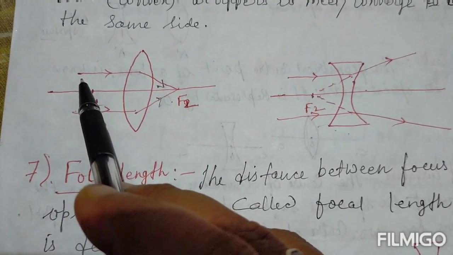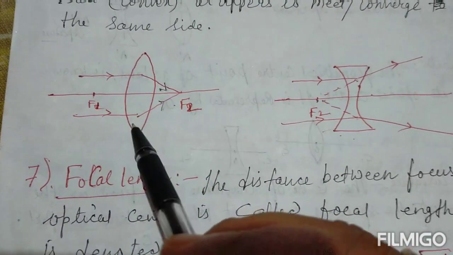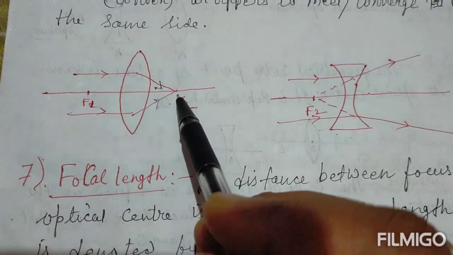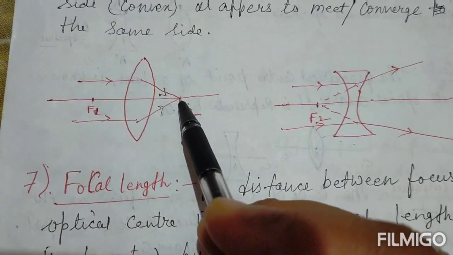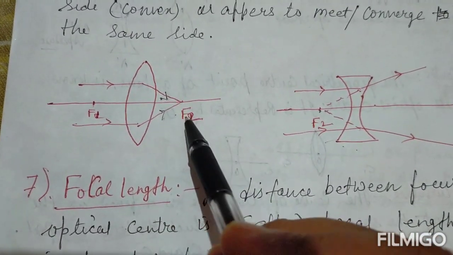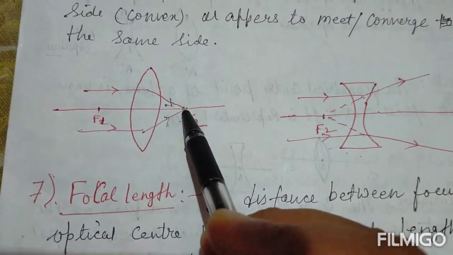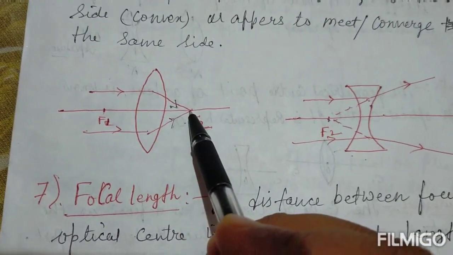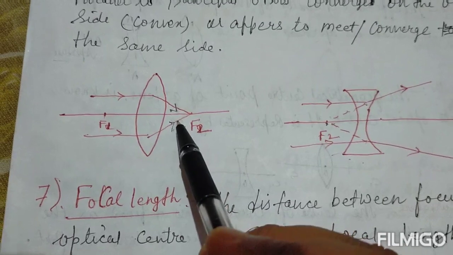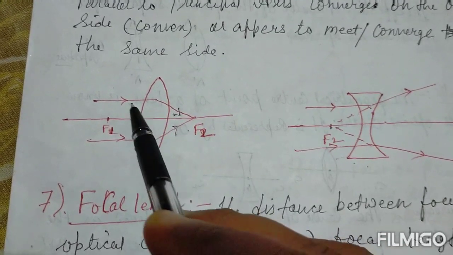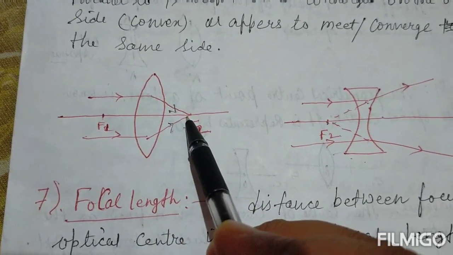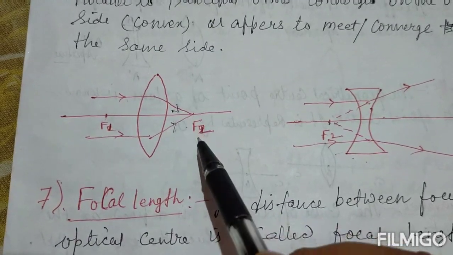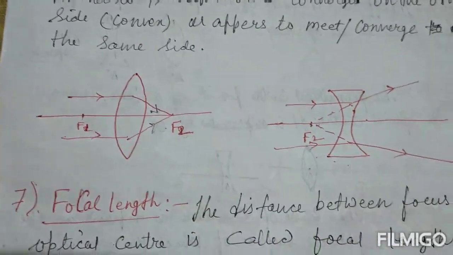Rays coming from infinity fall on the lens, and after refraction they converge and meet at a point. That point is called principal focus 2. Here convergence takes place actually, means actual rays are meeting. So this meeting point of rays is called principal focus 2.